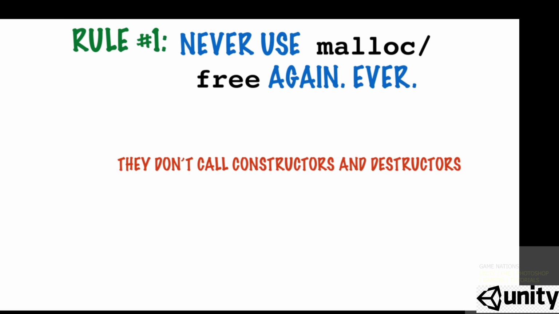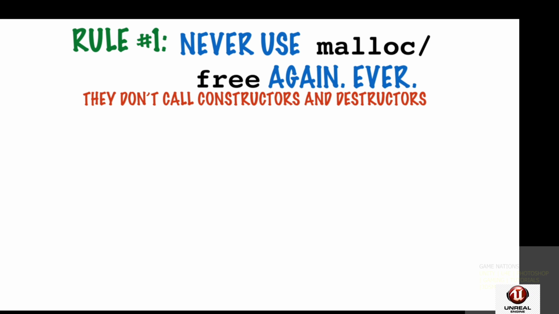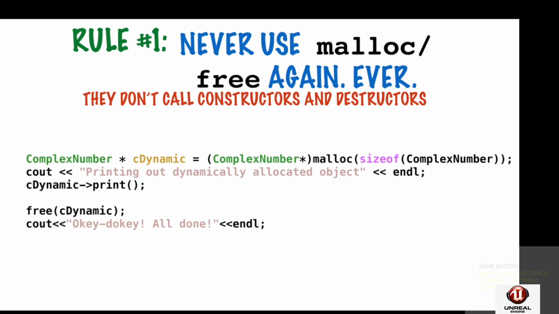Let's see this using an example. Let's make sure that malloc does not call a constructor. Take a look at this code on screen. We have a pointer to a complex number called C dynamic, basically indicating that this particular pointer requires memory to be allocated dynamically.